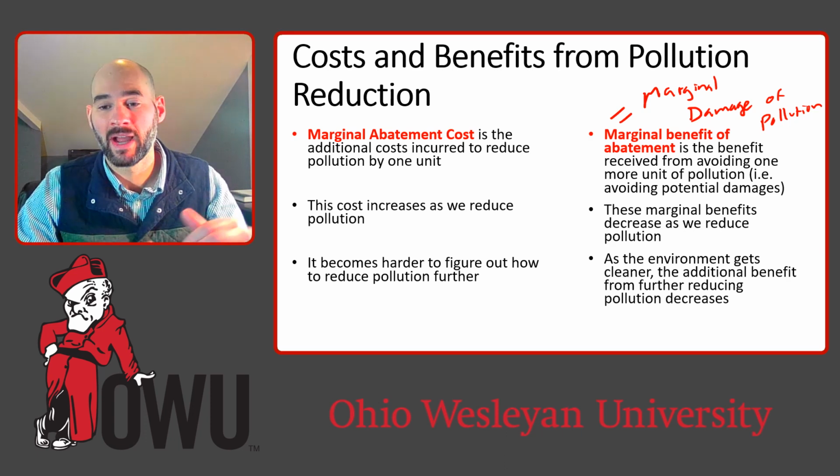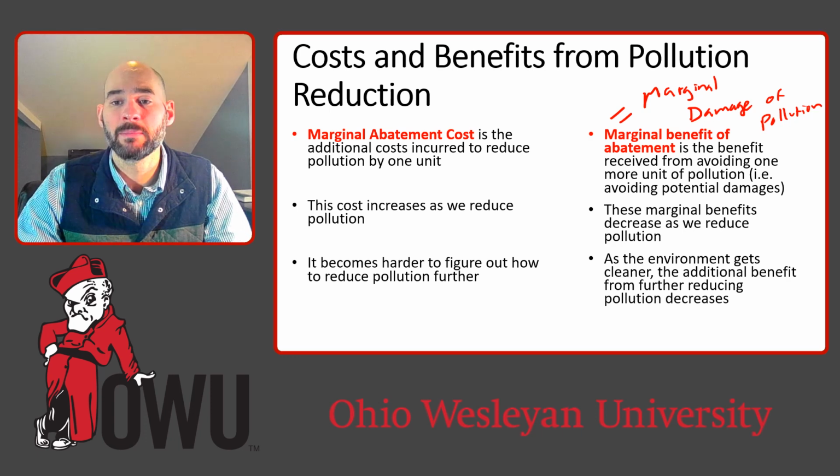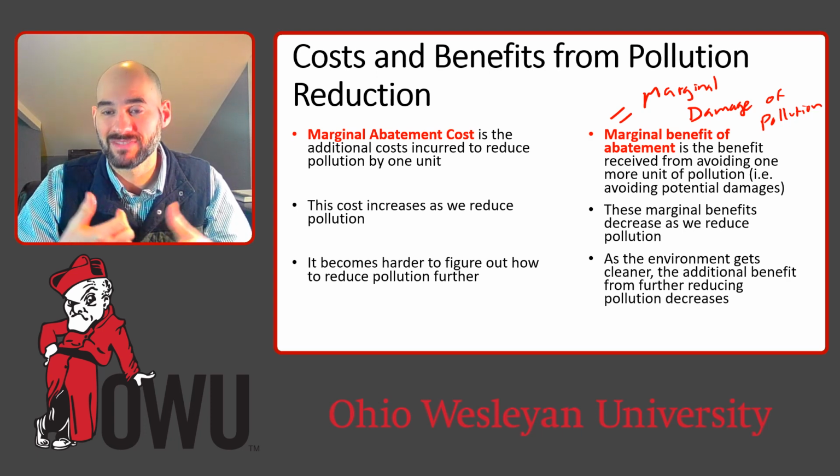So you can rewind the video, go back and take a look. And because we thought of the marginal damage curve as increasing, then that last unit of pollution is going to have a large cost, a large marginal damage associated with it.